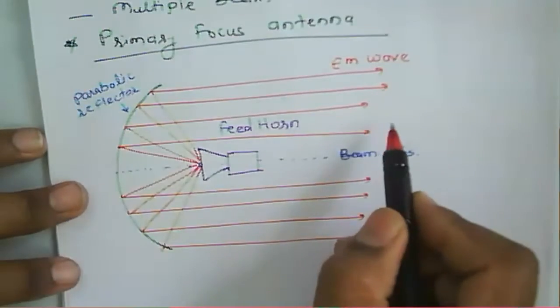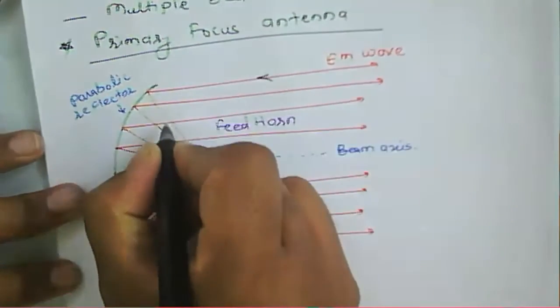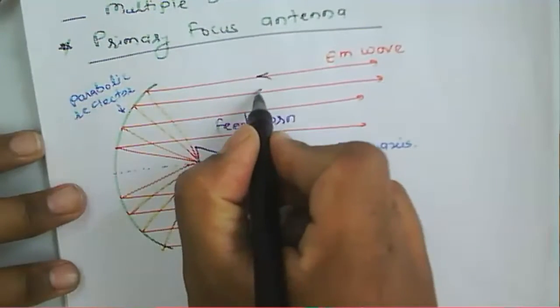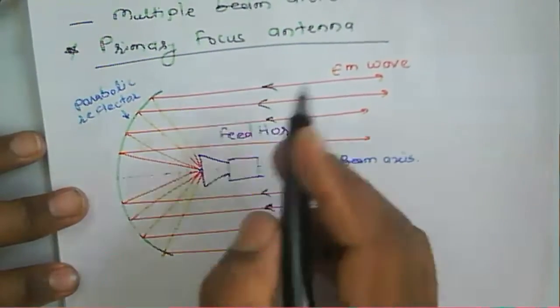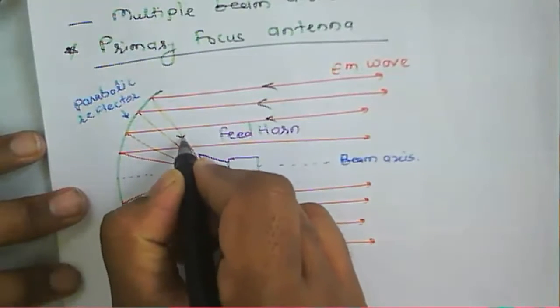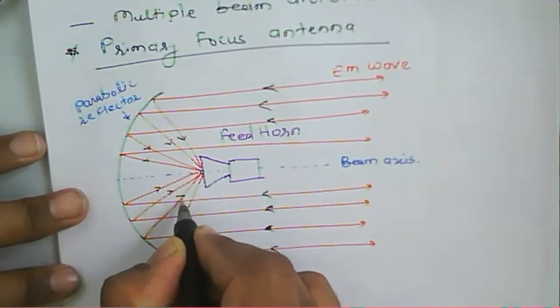So that is at the transmitting side. And at the receiving side, energy will be received from this space there, and that will be focused at this feed horn antenna.